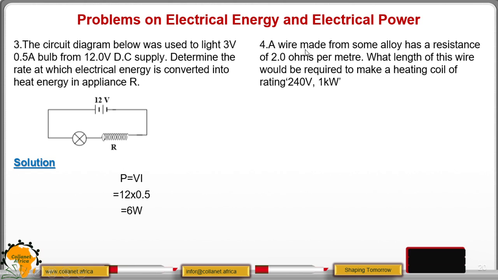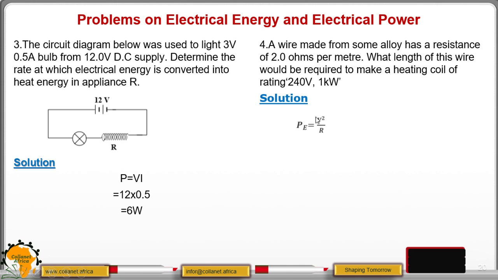Then number 4, a wire made from some alloy has a resistance of 2 ohms per meter, which means that in every meter we have a resistance of 2 ohms. So what length of this wire would be required to make a heating coil of rating 240 volts, 1 kilowatt? First of all, we need to get the resistance of this wire.